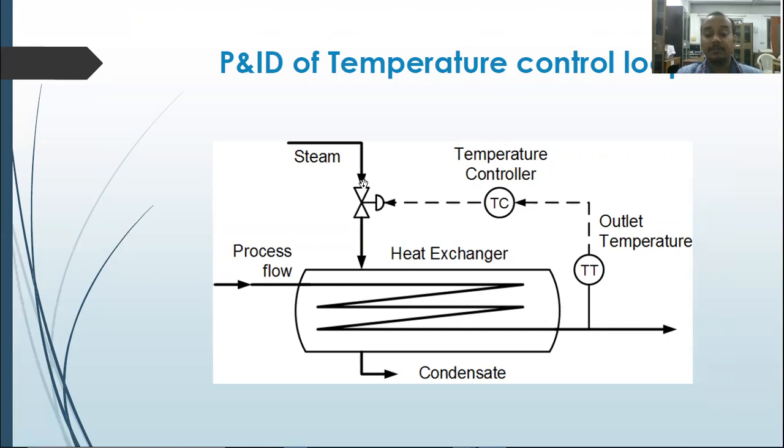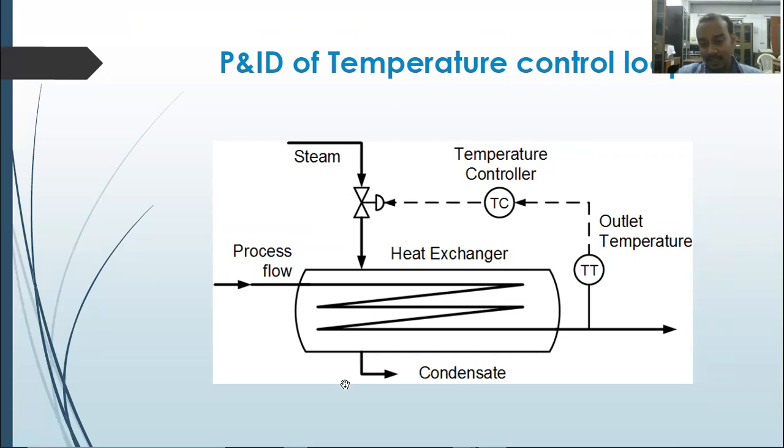This is the symbolic representation of a pneumatic control valve, but the signal provided is electrical. So it is not the correct way to represent it. A pneumatic control valve cannot take an electrical signal as input, so that needs to be changed and the signal needs to be given as a pneumatic signal.